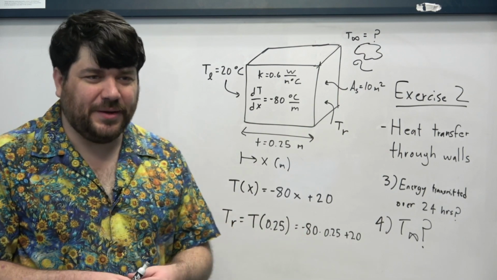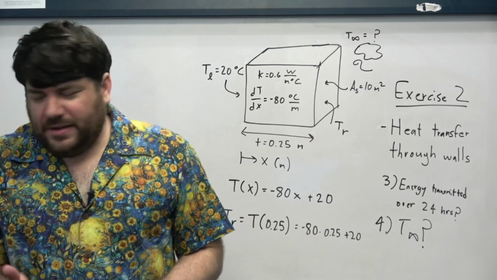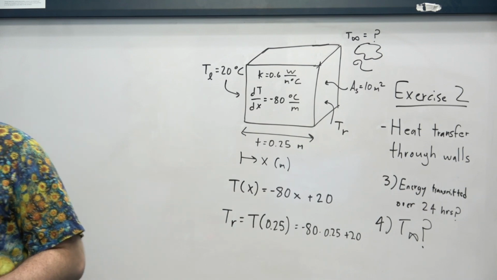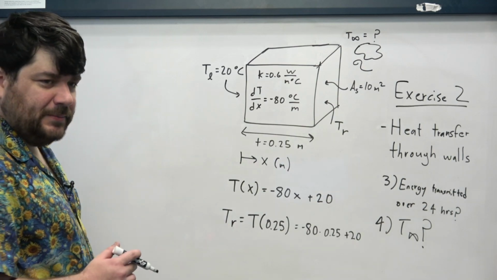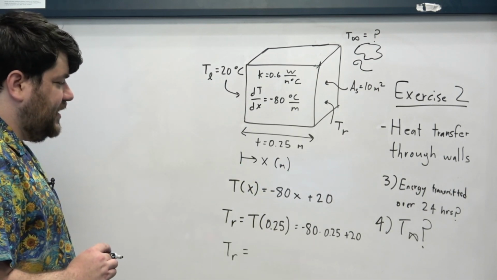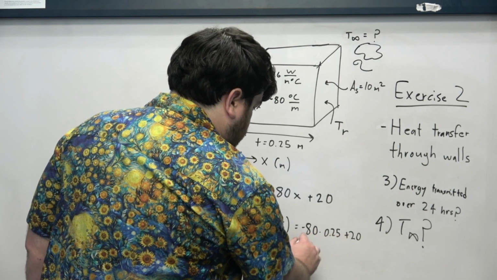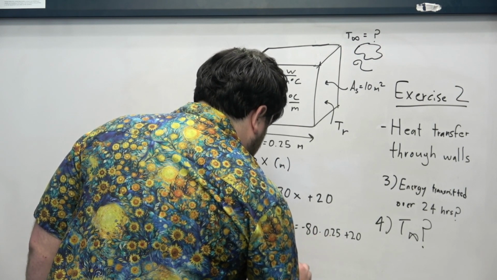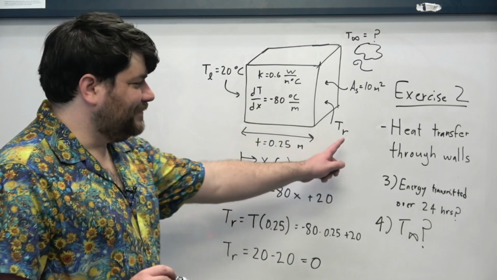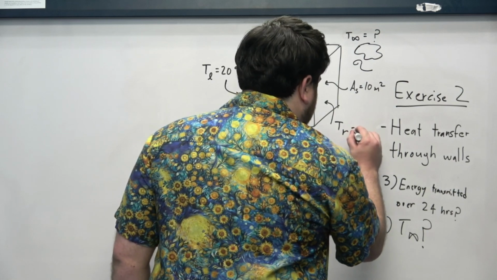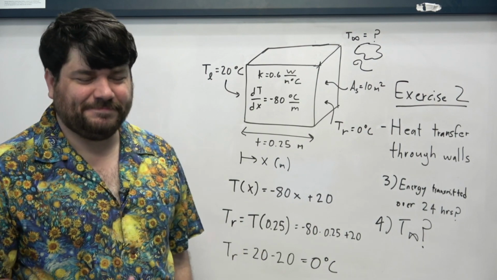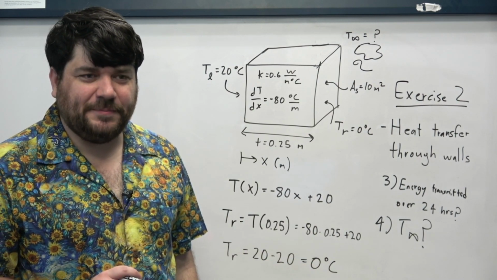That's what the negative there is doing. Okay? And if we actually go through the process of writing down this calculation, what we'll find is that TR is just 20 minus 20, which is equal to 0. And so TR is 0 degrees Celsius. So that gives us the answer to that.